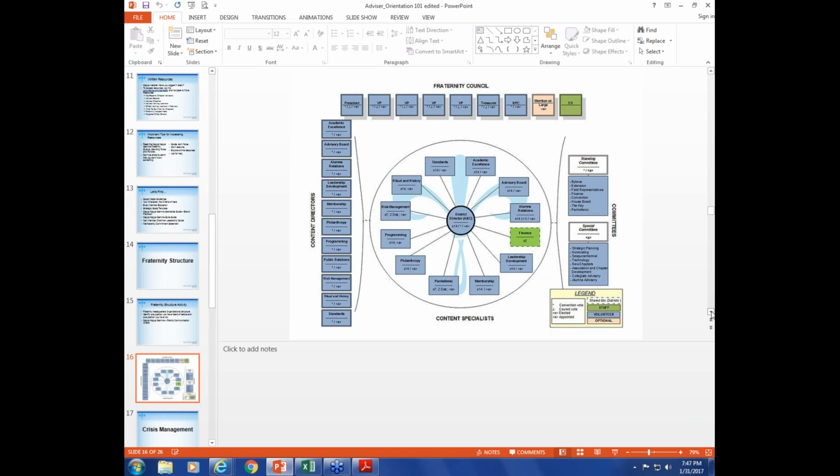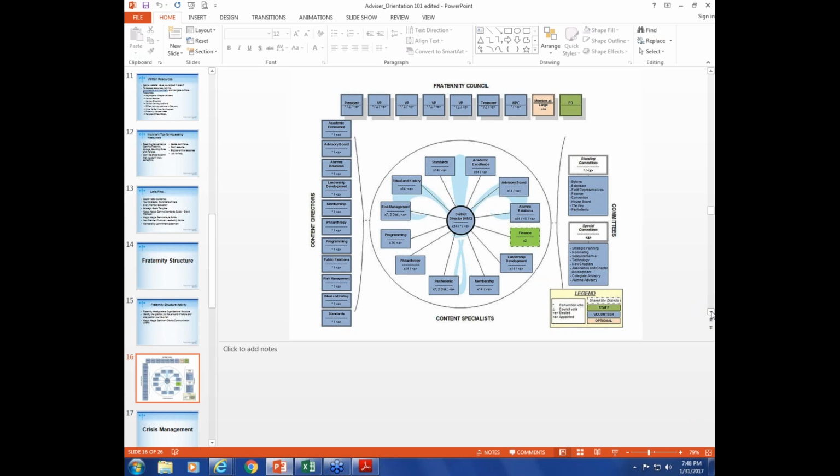The fraternity council at the top is a council now that is more like a board of directors. They are visionary and forward-thinking, compared to in previous years, when there was a VP of membership, a VP of alumni, a VP of standards.